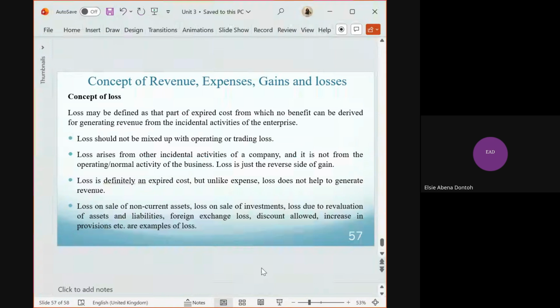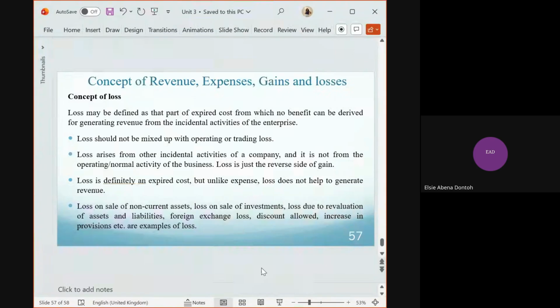So losses should not be mixed up with operating or trading loss. Losses arise from other incidental activities of the company, and it is not from operating or normal activities of the business. Loss is just the reverse of a gain. It is an expired cost, but unlike expense, loss does not help to generate revenue.